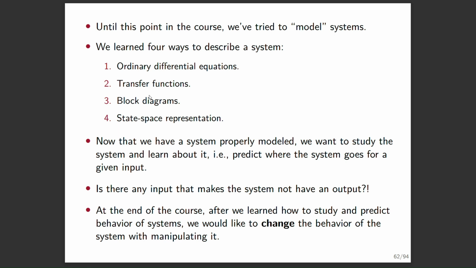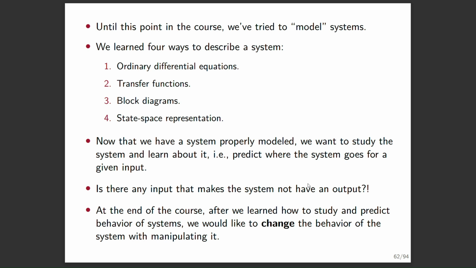Specifically in this course, we want to focus on transfer functions. So if I give you the transfer function of a system, so I have some poles, I have some zeros, can you tell me if there is any input that for that specific input, there doesn't exist any output?